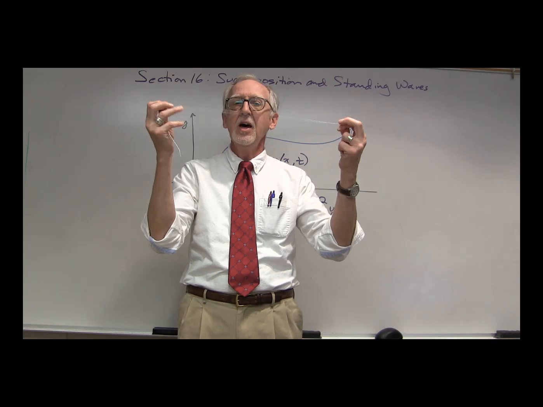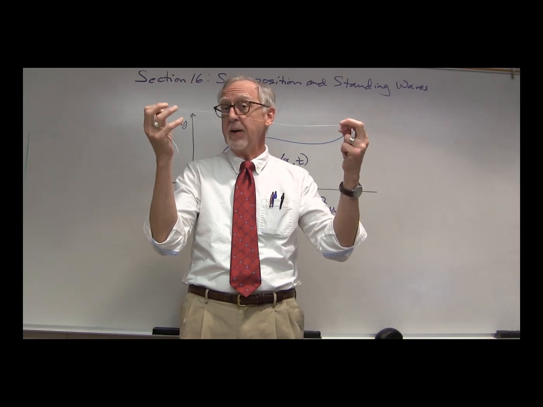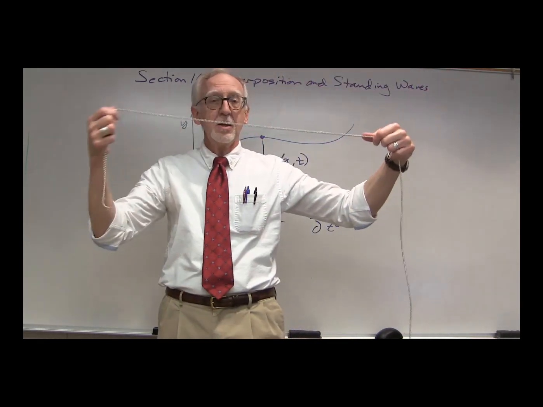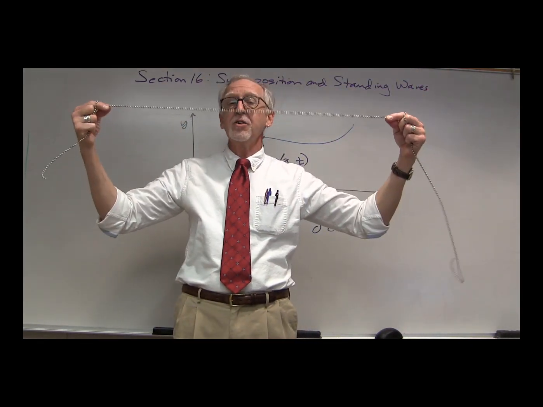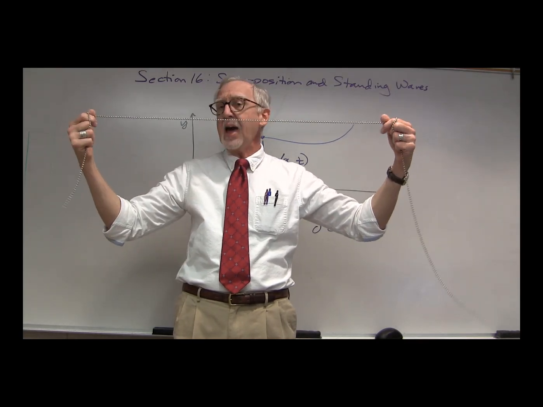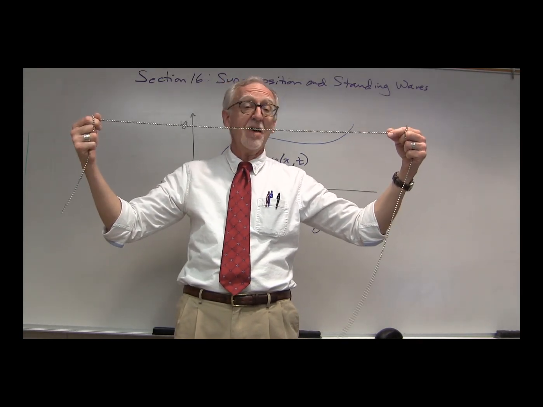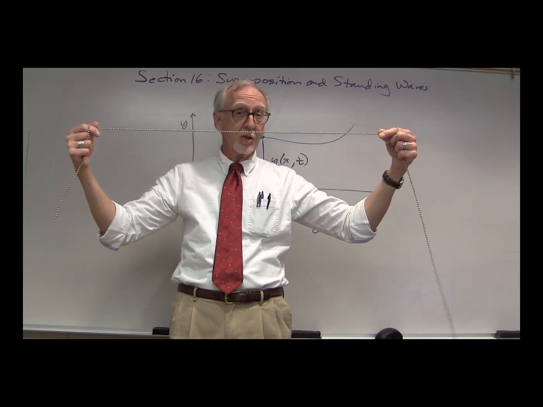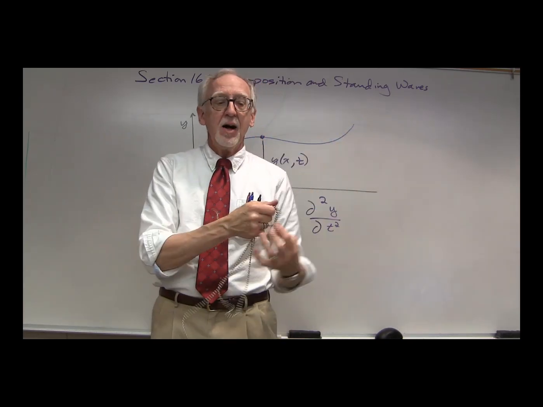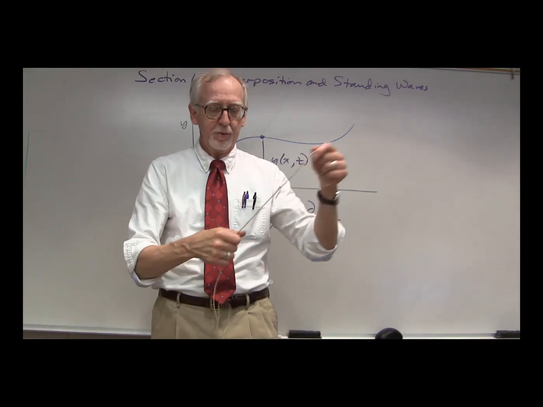It's very easy to move a light medium, so we would expect large accelerations. A heavier medium is harder to move. You need greater forces to move it. So with a heavier medium, or a heavier mass per length, we would expect the waves to move more slowly.